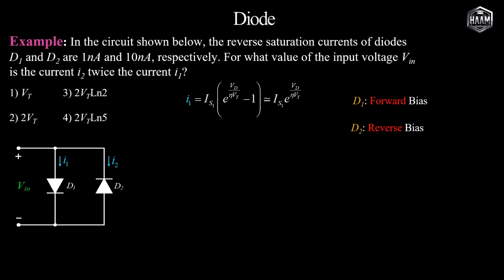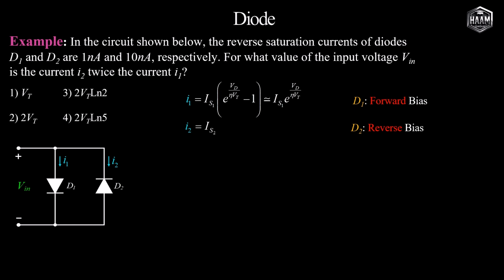Diode D2, being reverse biased, carries a current approximately equal to its reverse saturation current, I_S2. Assuming V_D has reached a value at which the current has settled to I_S in the reverse bias region.